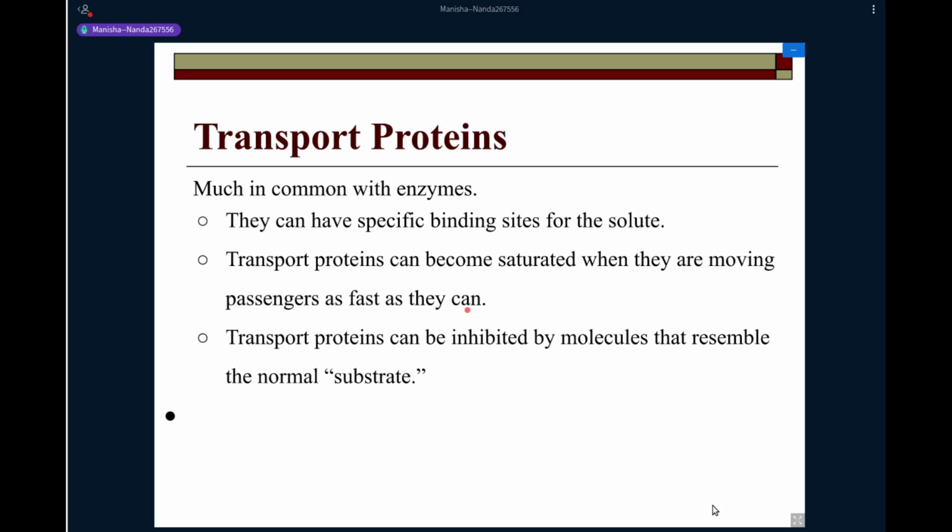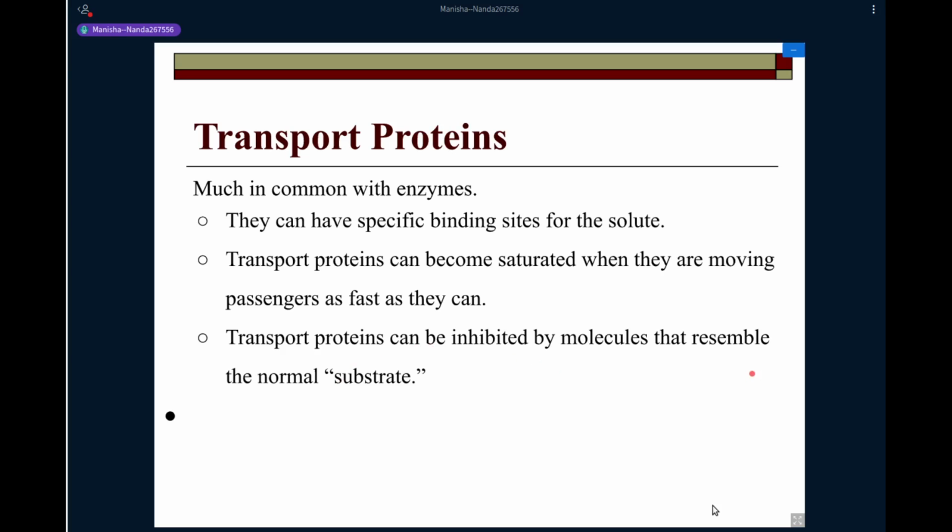So it can be assumed that at a particular moment, when those sites are occupied by the maximum number of solutes that can be carried by that protein molecule, it becomes saturated. Unless it has carried that maximum number of solutes from one side to another, no more molecule can bind there. So it is true that these proteins can become saturated.